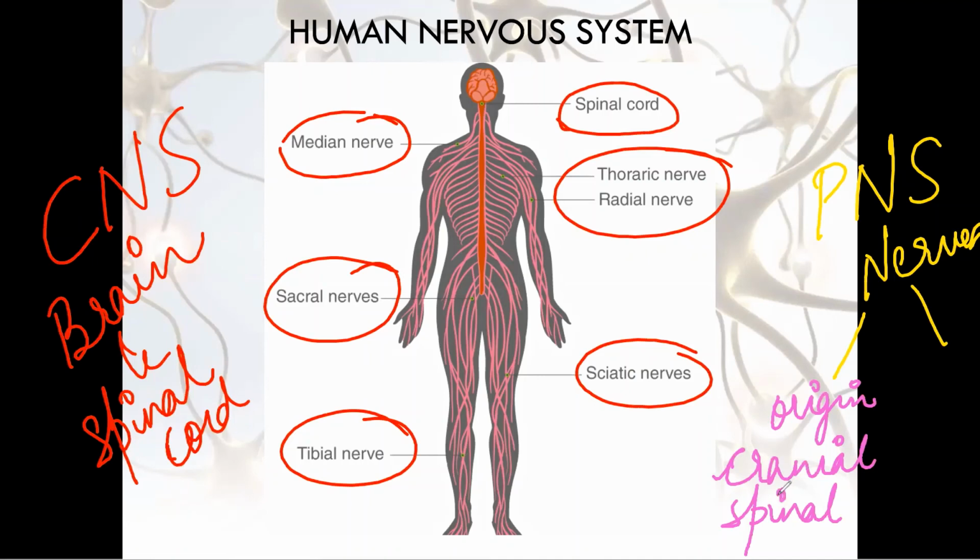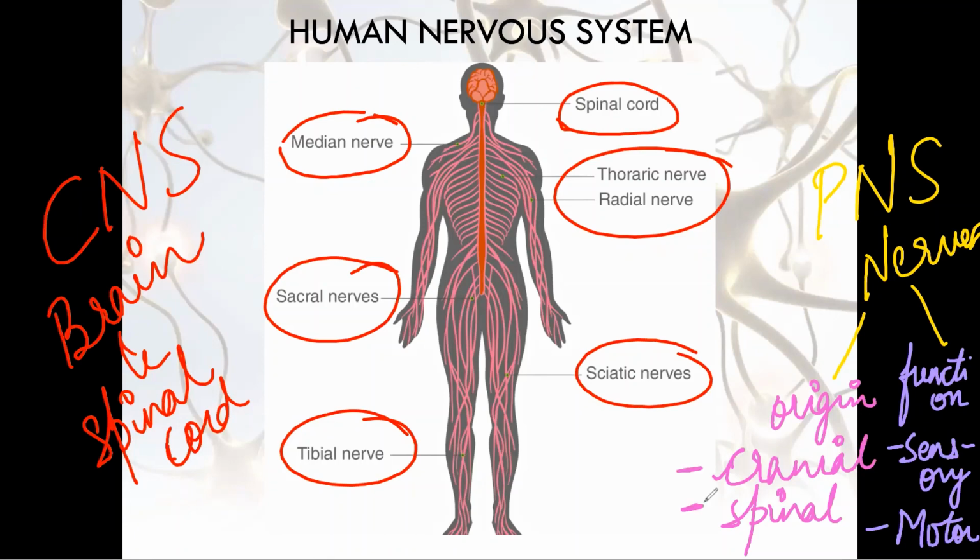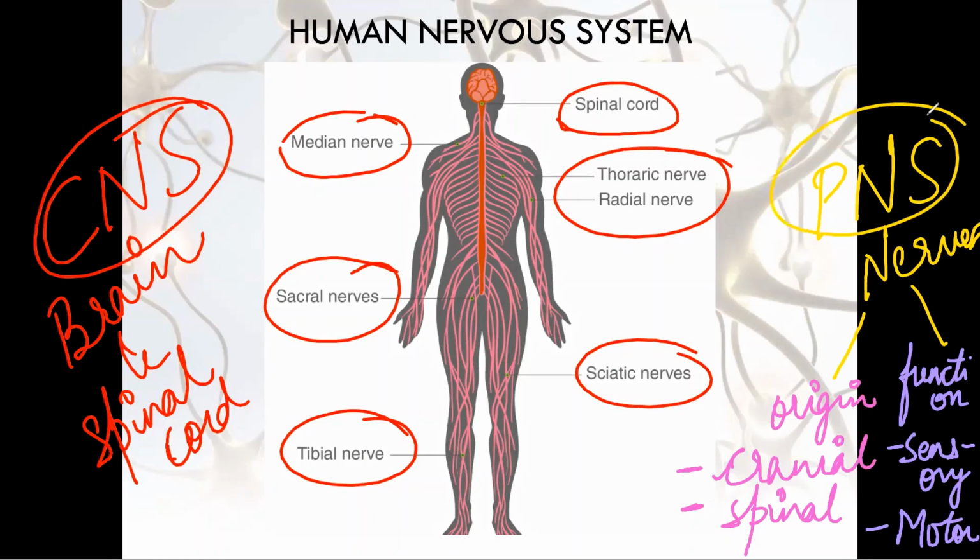And there was another type of nerves on the basis of their function, and those were sensory and motor. Clear? So this is what comes under PNS and CNS. So we will be learning about CNS and PNS.